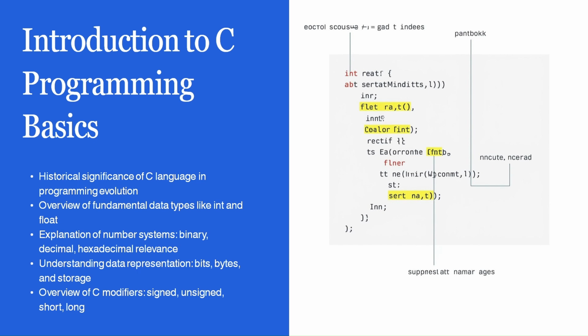C is a general purpose procedural programming language developed by Dennis Ritchie in 1972. It combines features of both high level and low level languages, offering efficiency and control.